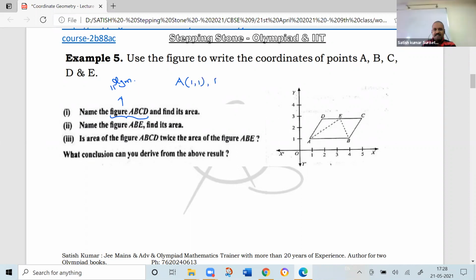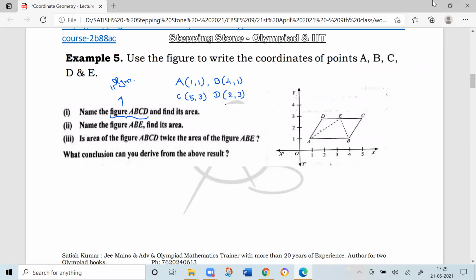Good. Tell me coordinates of B. 4, 1. Good. Coordinates of C. 5, 3. Coordinates of D. 2, 3. Coordinates of E. 3, 3. Good.